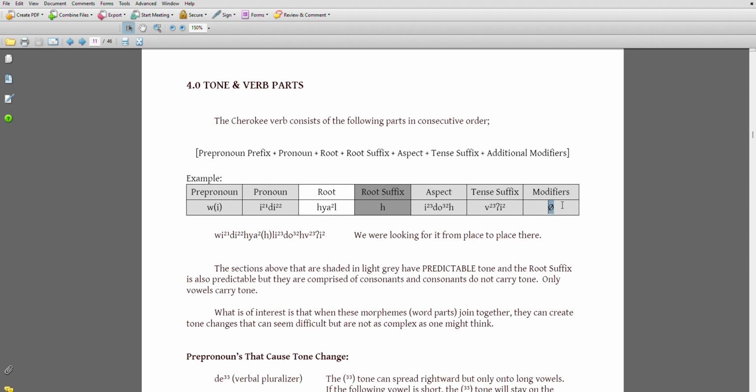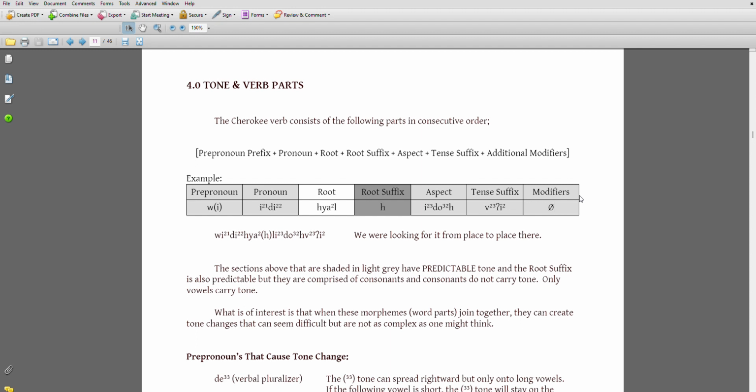And on this particular word, we have no additional modifiers. But that's where you would put like a question marker or emphasis or something like that. And the verb we have is witihalito hai. We were looking for it from place to place there. So you use that there to say we're no longer there. I'm telling you that we were there at some point.